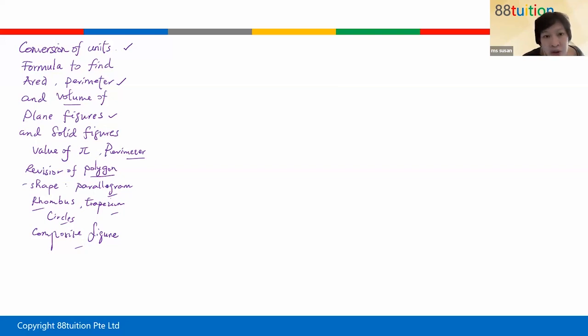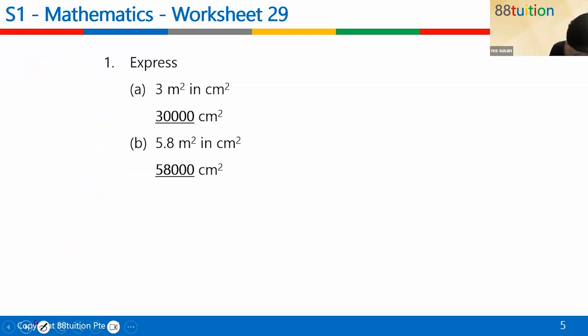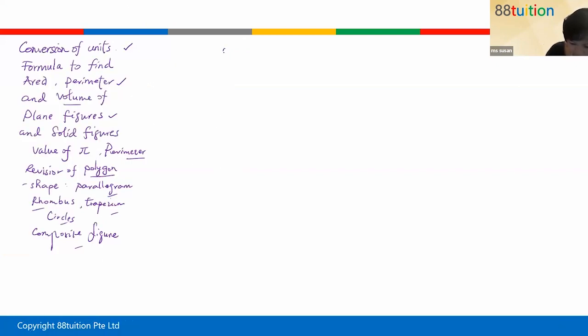Okay, so conversion of units. We are now talking about length. If we are talking about length, 1 meter is equal to 100 centimeters.